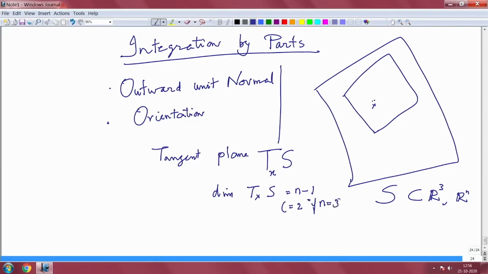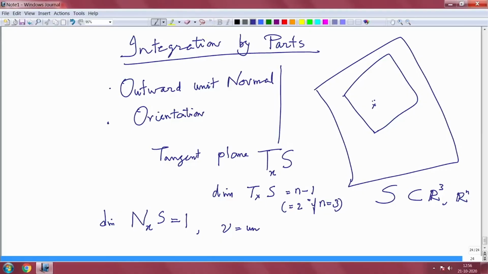So, you have a 2 dimensional thing; the tangent space will be 1 dimension less and hence it will have a normal, normal to that, and the dimension of this one is always 1. So, it will be spanned by one vector. So, there will be a normal and hence you have a unit normal. You will have one unit normal vector.